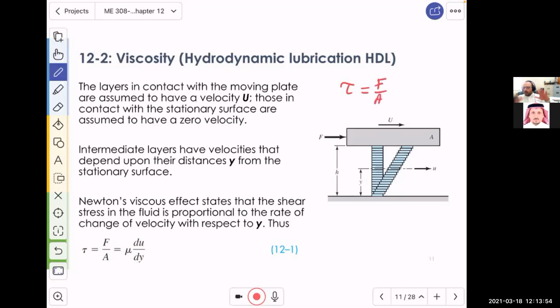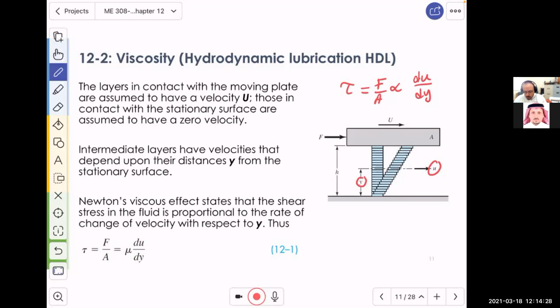Now, that stress can be related proportionally to the rate of change of the velocity with y. This is the velocity, this is y, small u over y. That rate of change is basically how this slope is changing, right? It's like, what is the rate of change of the velocity as you move up?